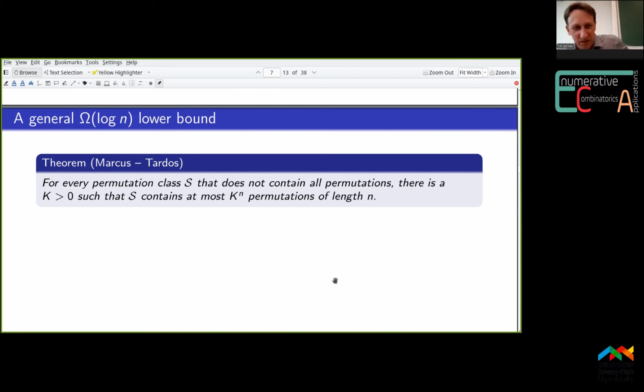Right, so why is it that every permutation class that does not contain all permutations has a log n lower bound? Well, that's because the Marcus-Tardos theorem tells us that every permutation class that does not contain all permutations contains at most k to the power of n permutations of length n for some constant k.